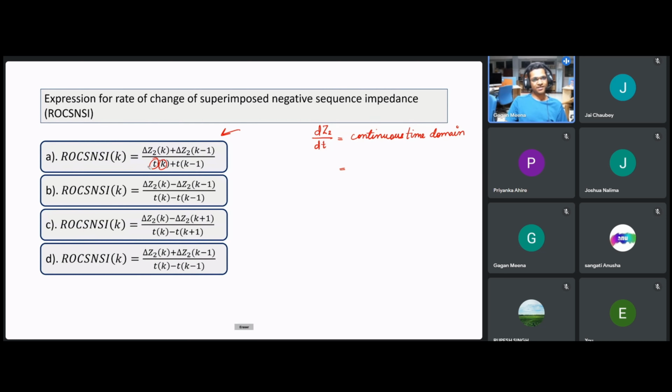So here we have t also, k also. T is time, but why we have k here? So this signifies something.